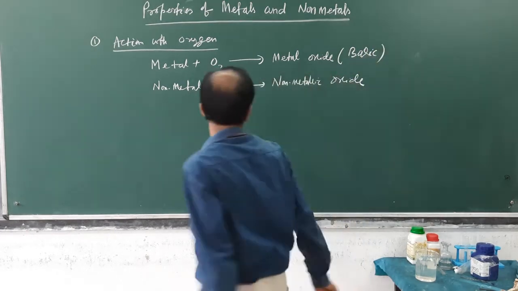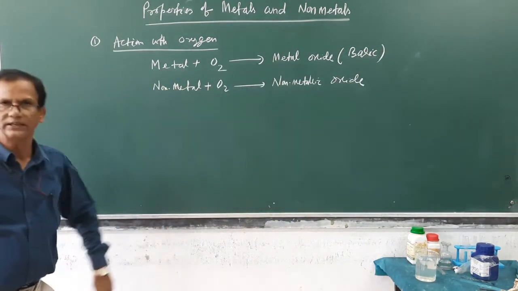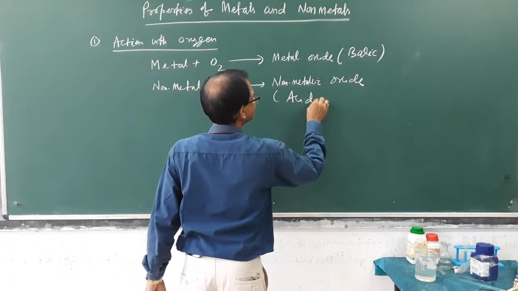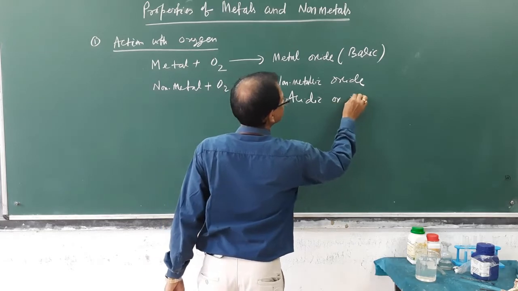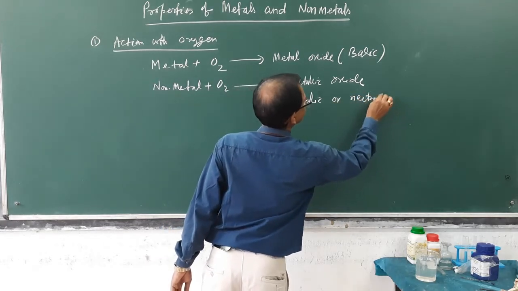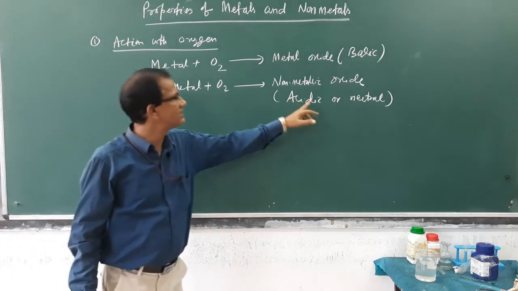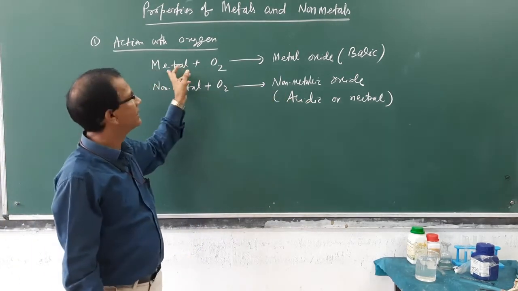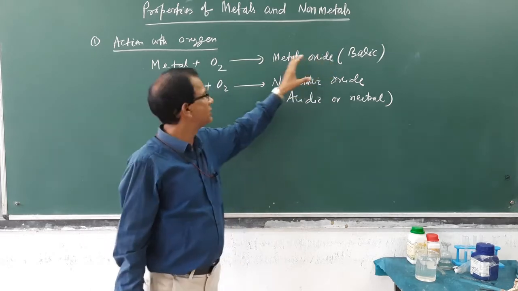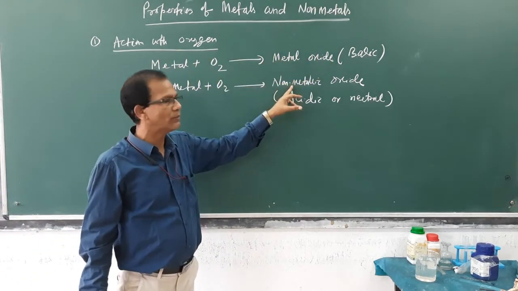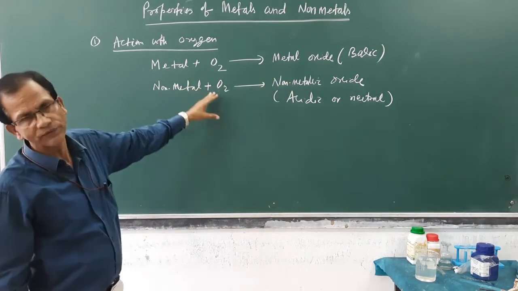And non-metallic oxides are mainly acidic or neutral. Most non-metal oxides are acidic and metal oxides are basic. These are the differences between the oxides of metals and non-metals produced by the action of oxygen.